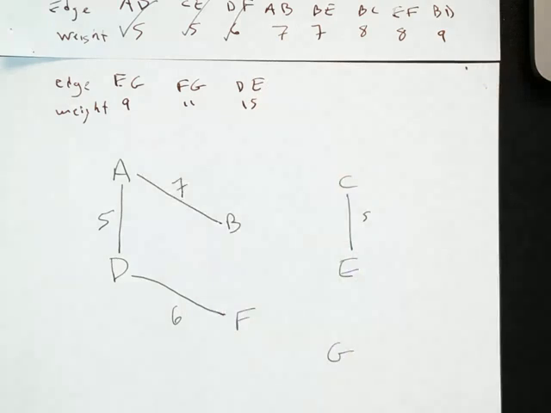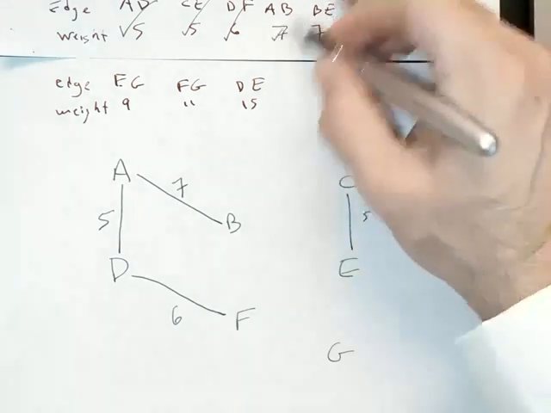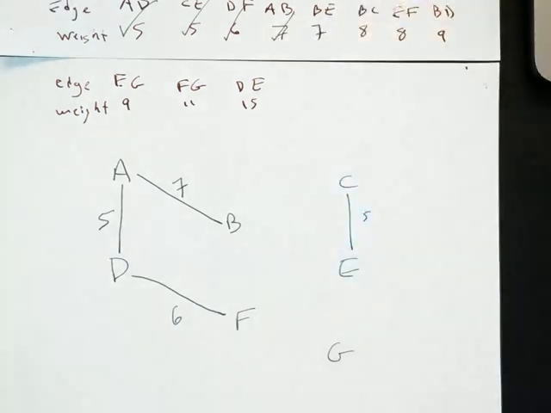Total weight is now 23. Next edge, BE. If I add it, will I make a cycle? Then add it.